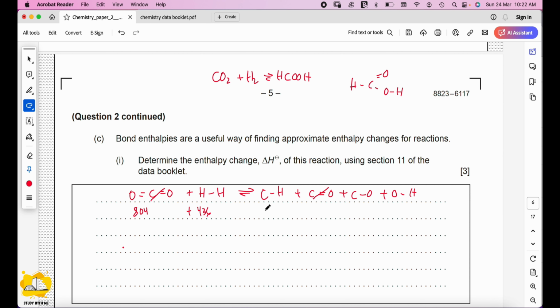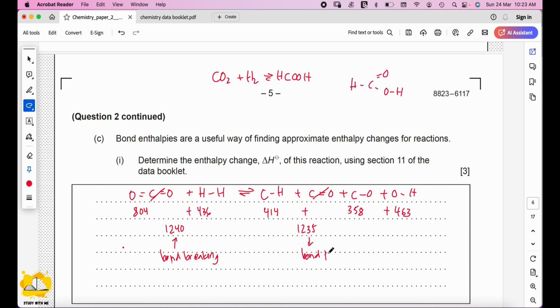This one will be 414, and 358 and 460. So the total will be 1240, and this one will be 1235. So these are bond breaking and these bond forming.